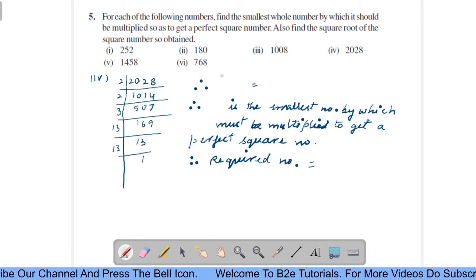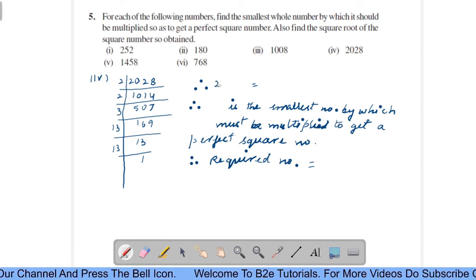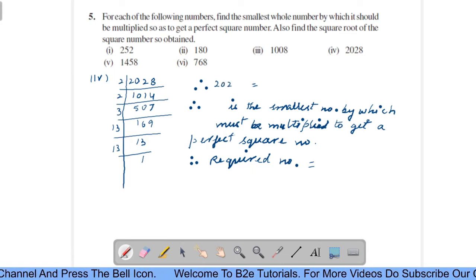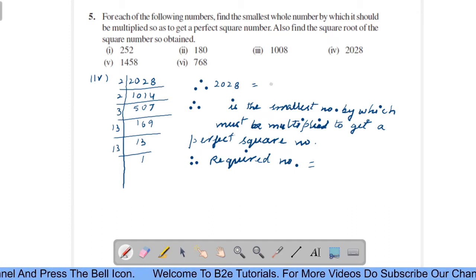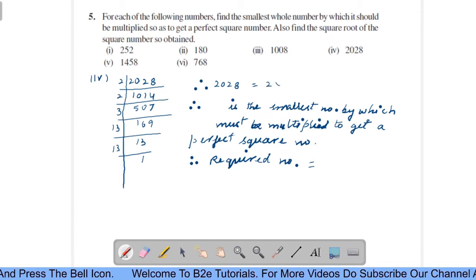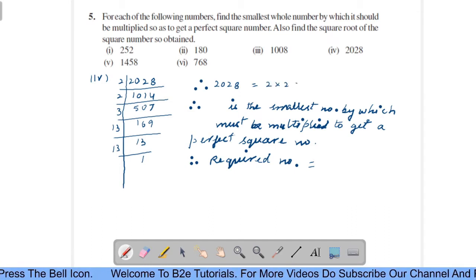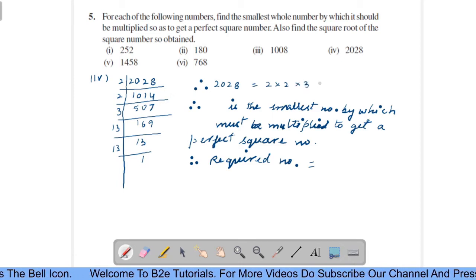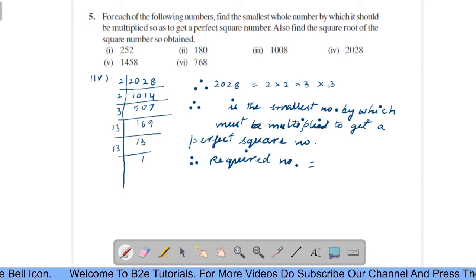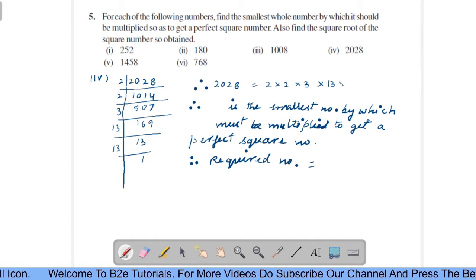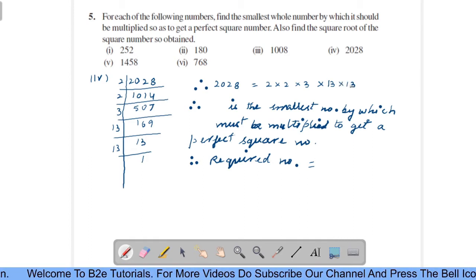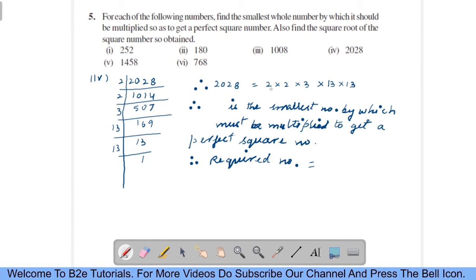Therefore, 2028 can be written as 2 into 2 into 3 into 13 into 13. Here make pairs of 2.